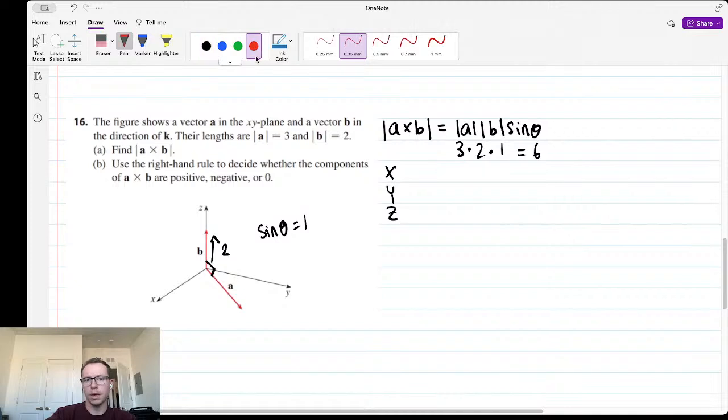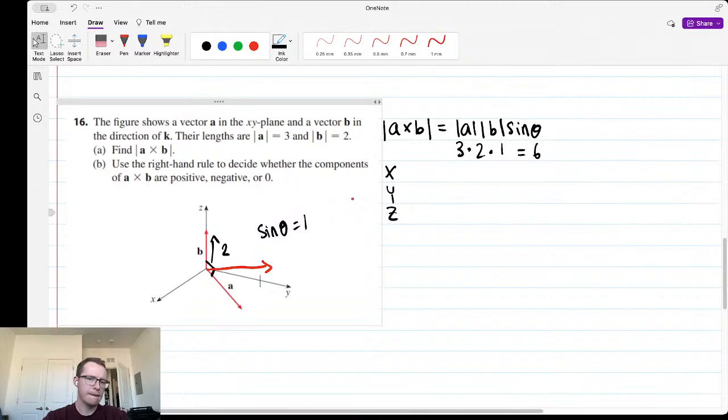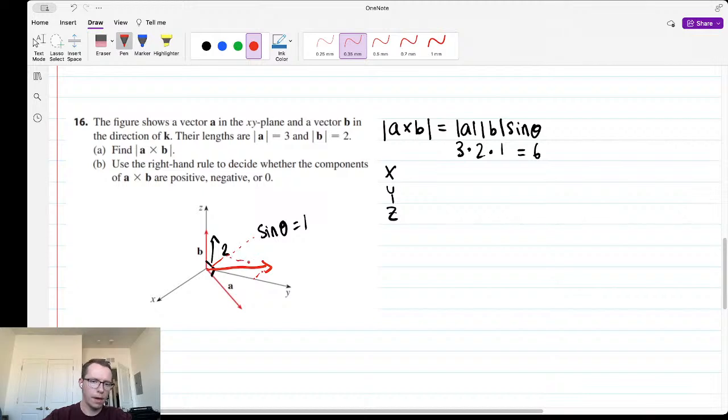I'm thinking maybe that the cross would kind of go that way. Like that way.